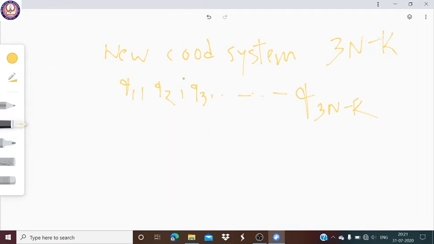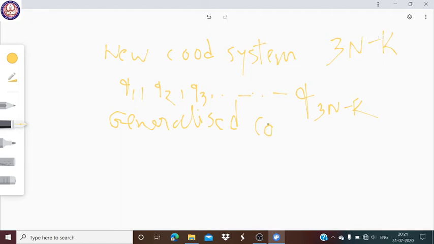These special coordinates are called generalized coordinates. Generalized coordinates are all independent of each other, and they independently describe the position of the system of particles.